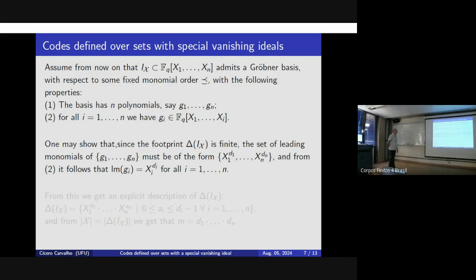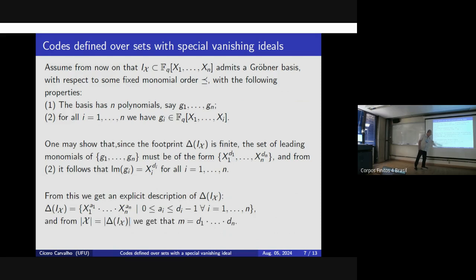So this is easy, and from this we get an explicit description of the footprint, which is a sort of hypercube. So you have all monomials like this with the powers in this range, and from this inequality we get n, and the number of points is just the product of these di's.